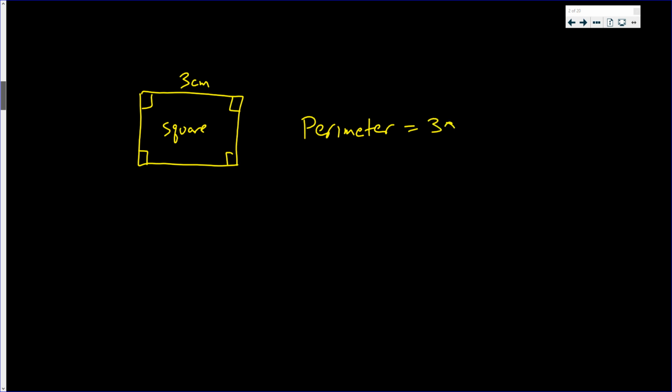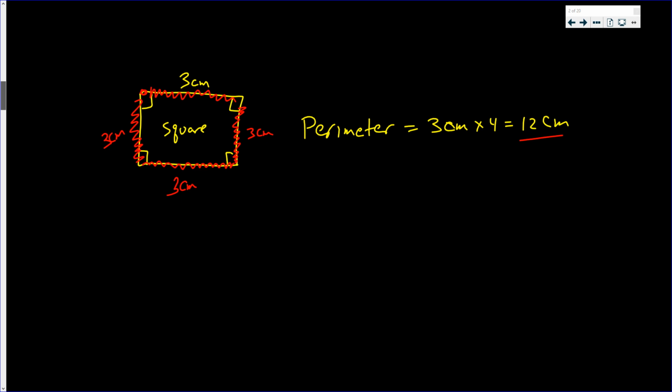just 3 centimeters, just multiply it by 4 and get 12 centimeters. Because a square, all the sides are the same length. So if you start here, it's 3 centimeters, another 3 centimeters, that's 6, plus another 3 is 9, of course, plus another 3 is 12.